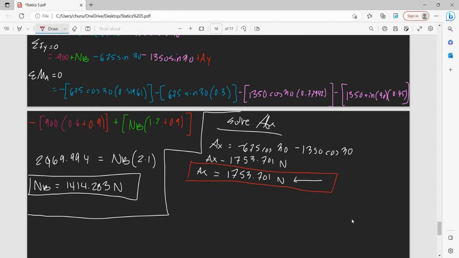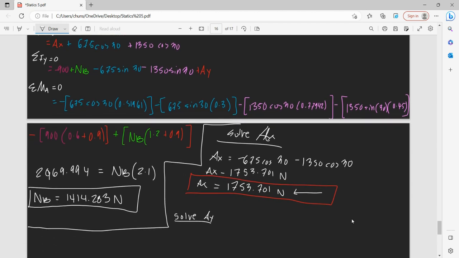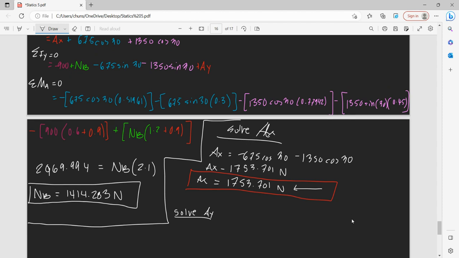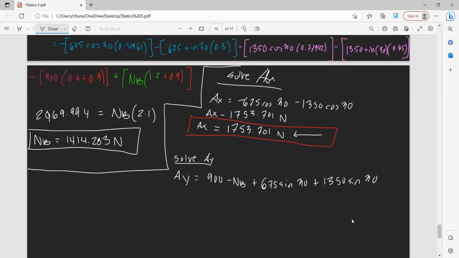So there is AX, and AY is given by, so we want to find AY. AY is equal to 900 minus NB plus 675 sine 30 plus 1,350 sine 30. So let's plug that all in.